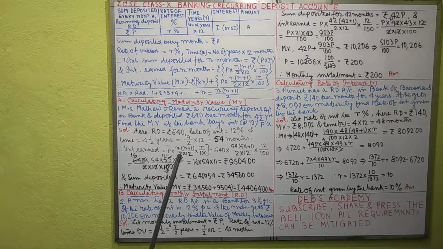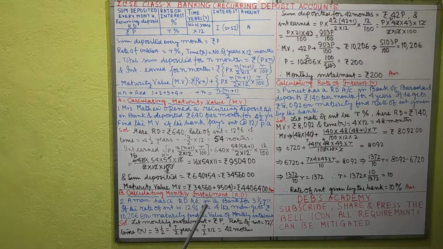Therefore sum deposited for 42 months will be 42 into P. It earned interest, how much? It is P into 42 plus 42 into 1 by 2 into 12 by 100, which is rupees 903 P by 100.